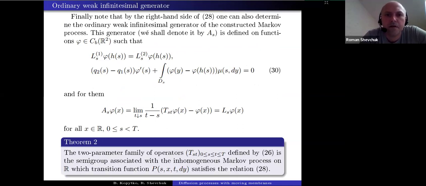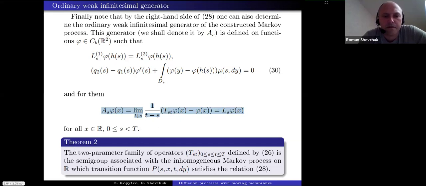This generator, which we denote by AS, is defined on bounded continuous functions such that relations 30 must hold, and for them the operator ES gives us this relation.